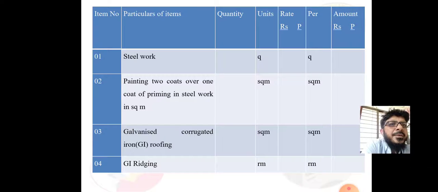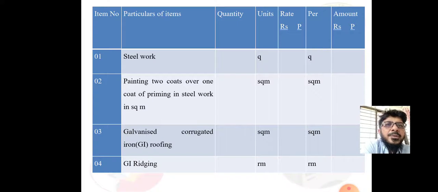Then we will get the total amount for the weight of total steel. Then second item, we have to find the painting: painting 2 coats over 1 coat of priming on the steel work. This item is measured in square meter. The rate we will get is painting per square meter, so the total quantity we have to find in terms of square meter only.